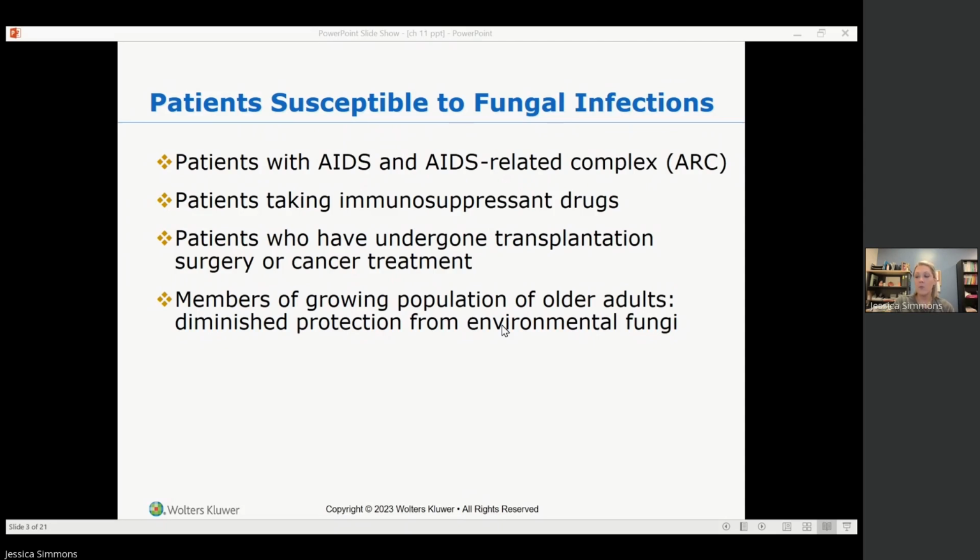And then we all know someone with cancer. Chemotherapy destroys your immune system, and they're very susceptible to infection, bacterial, viral, or fungal. Members of the growing population of older adults have diminished protection from environmental fungi. It is part of aging and geriatrics.